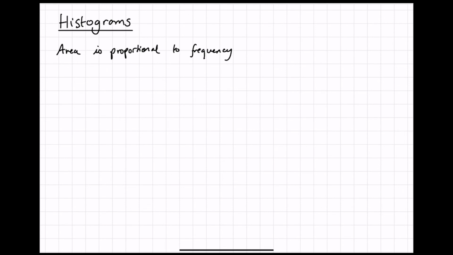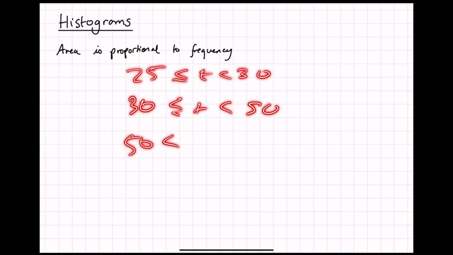So the area is proportional to the frequency in a histogram. What that means is, when we're working with data, the class intervals might not be the same. It might be something like 25 to 30, and then the next one might be 30 to 50, and then the other could be 50 to 100, something like that.